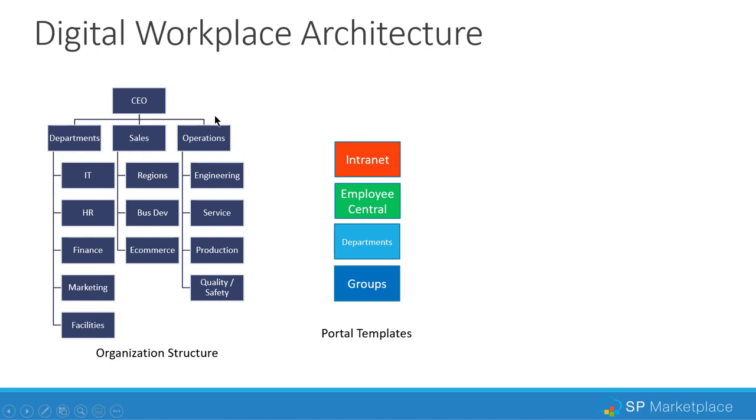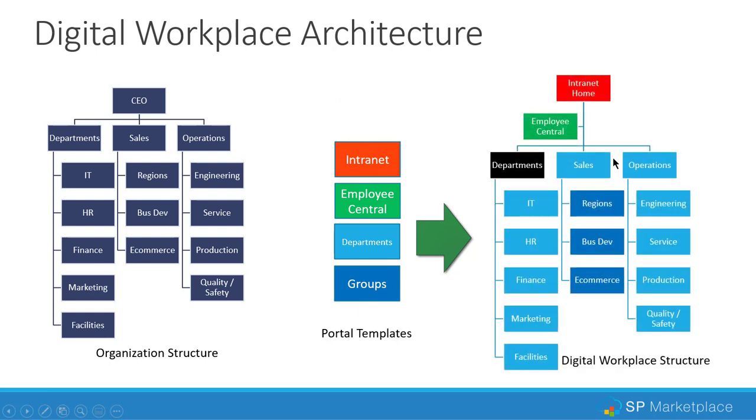In doing that, we put in place what we call building blocks called portals. There are different types of portals that match different types of needs. You want to take the different portal types, which are provided by Teams and SharePoint, for instance, and apply them to the different parts of your organization where they fit. That's what we mean by a digital workplace architecture.